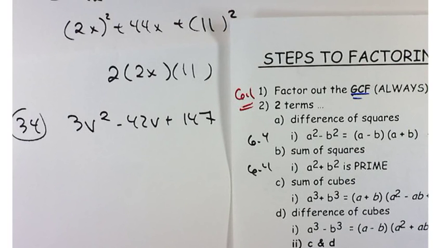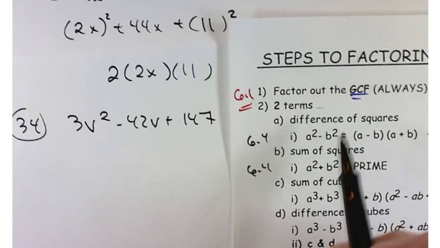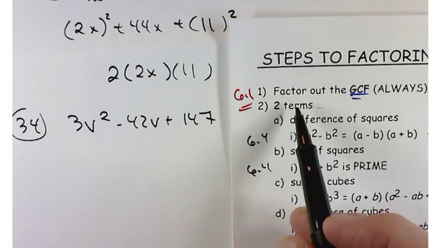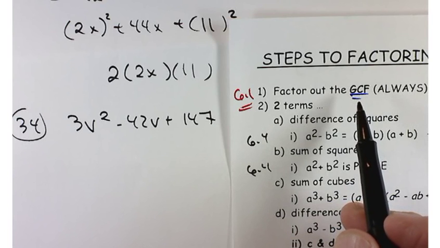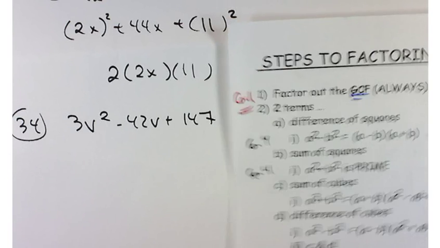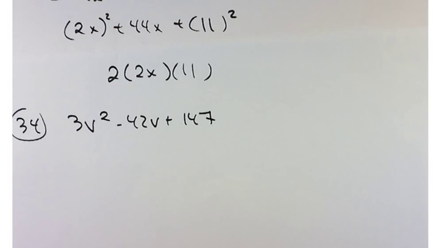Well, you don't have to look very far down the list. Greatest common factor, always. So what's the GCF in something like this? A 3. There's a 3 that's a factor of all of these terms. So factor out the 3 and then see what you can do with what's left.